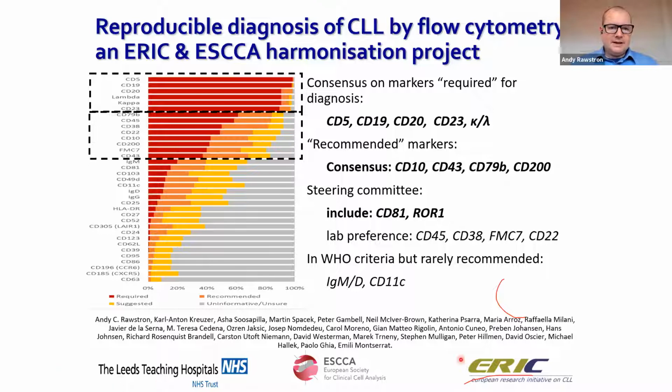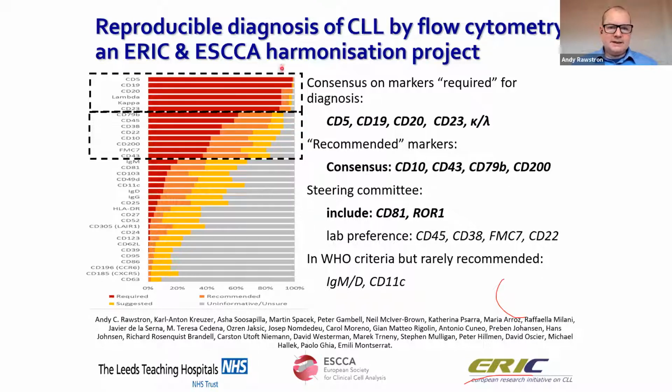This was a fairly broad group of people collaborating to determine what the consensus on an absolute minimum requirement for diagnosis would be versus what the recommended markers would be if you maybe had access to a wider range of diagnostic markers.